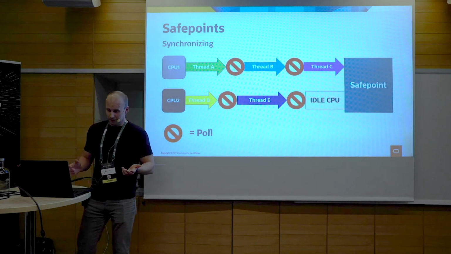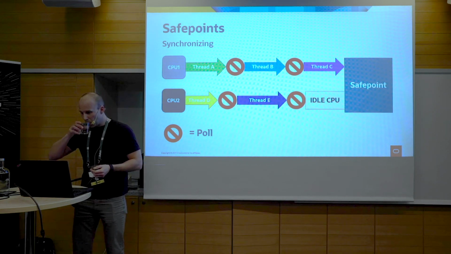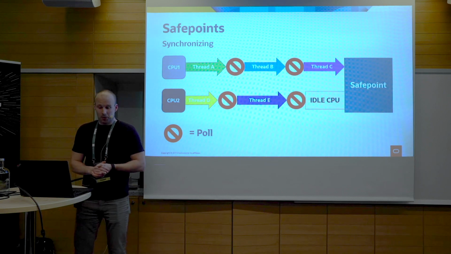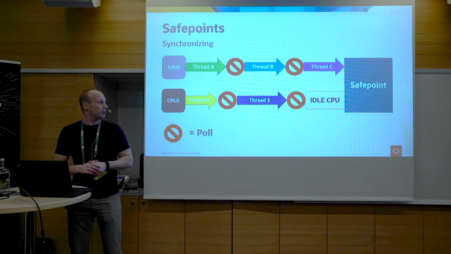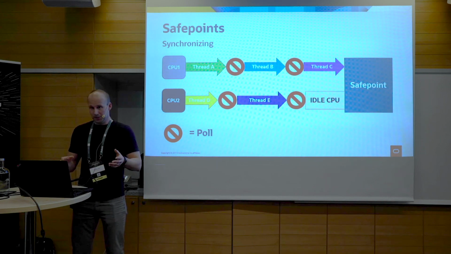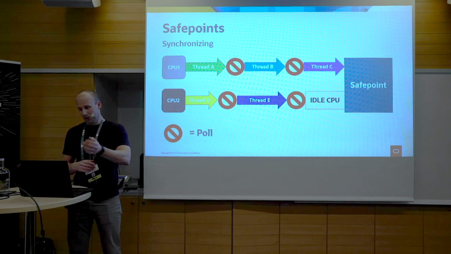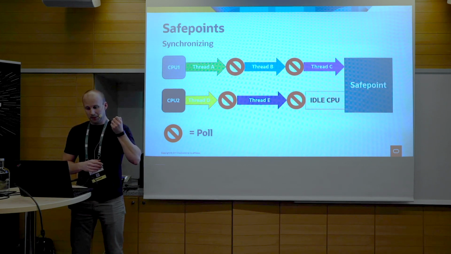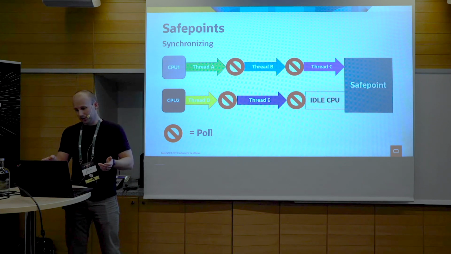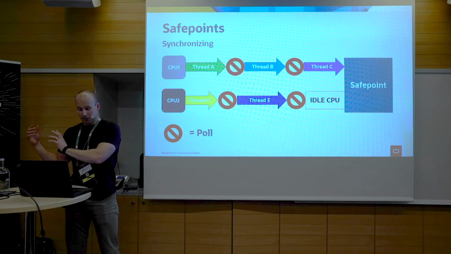So this is how it can look when you synchronize for the safepoint. We have a couple of threads that are going to stop for the safepoint. Here you can see that safepoints have inter-thread dependencies. Thread D stops early, but it can't do anything. It needs to wait until all threads have stopped. Then we go to the safepoint and it will be started after.